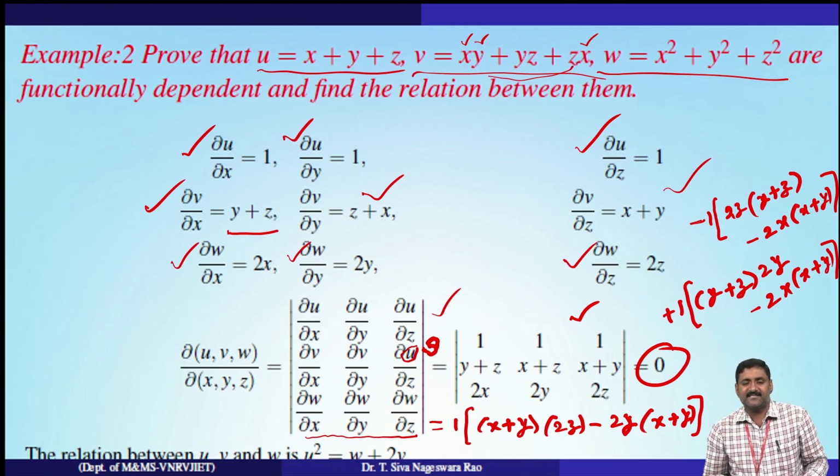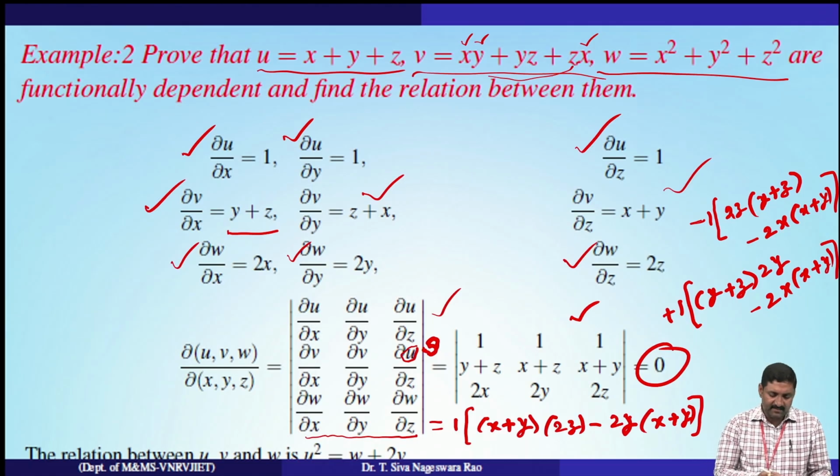If you observe these three functions, apply whole square on both sides of u. Then what you will get? u square is equal to x plus y plus z whole square. X plus y plus z whole square can be written as x square plus y square plus z square, that is w, plus 2 multiplied by bracket start xy plus yz plus zx.